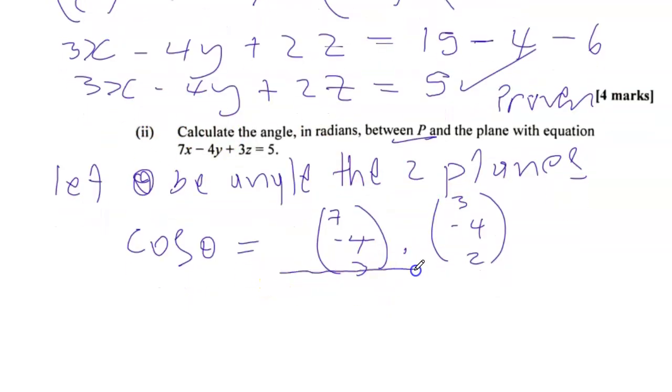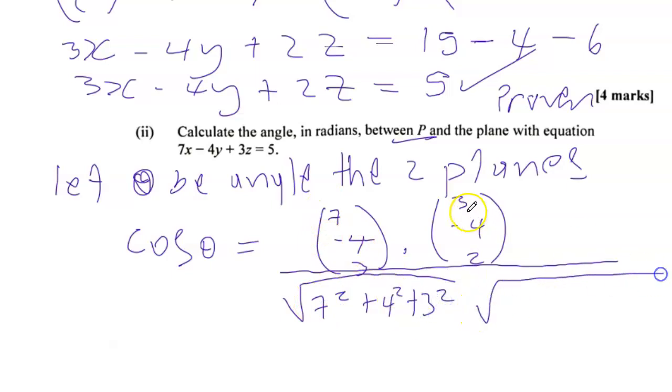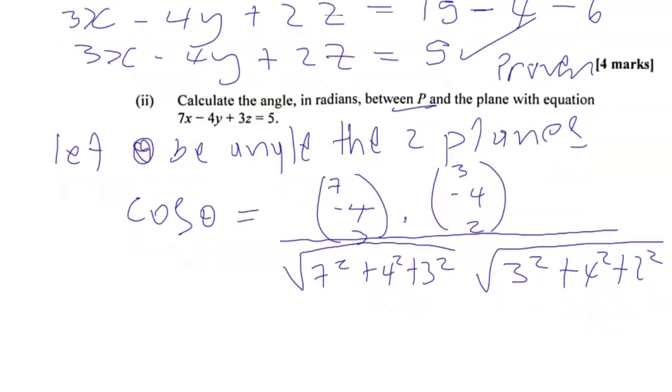All over the modulus. So all over the square root of 7 squared, 4 squared, plus 3 squared, times the modulus of the other one, which is 3 squared, plus 4 squared, plus 2 squared. And it doesn't matter if it's negative, because negative 4 all squared is the same thing as positive 4 all squared, 16.